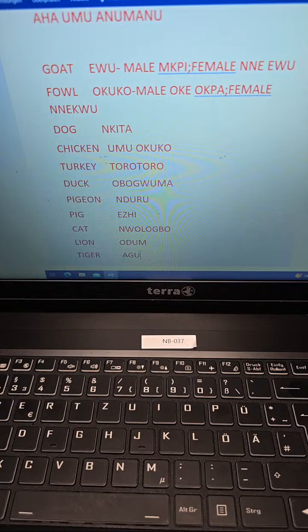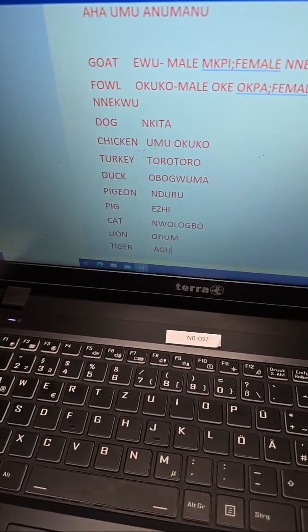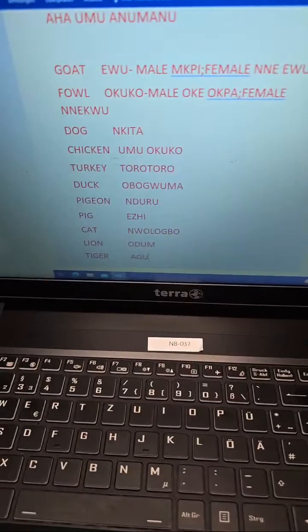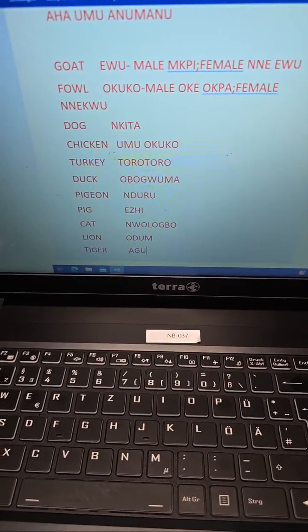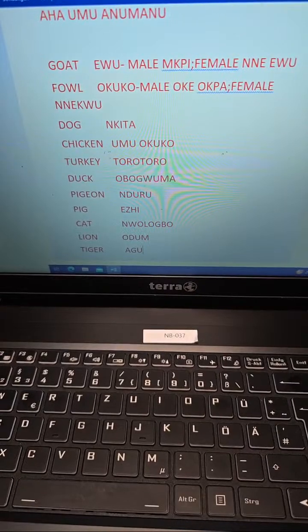And then we'll have tiger. Tiger in Igbo language is known as Agu. So these are the names of some animals we can see around us.